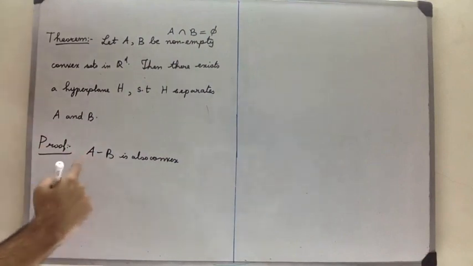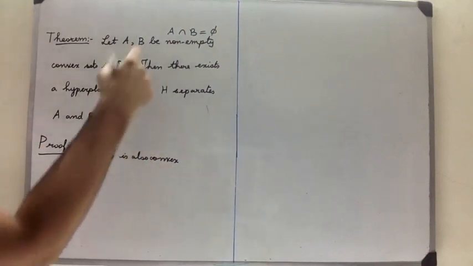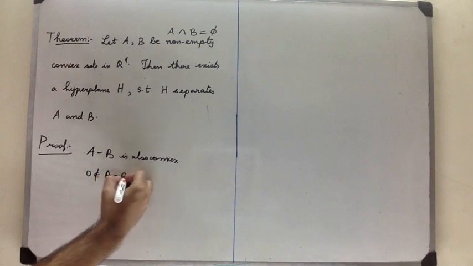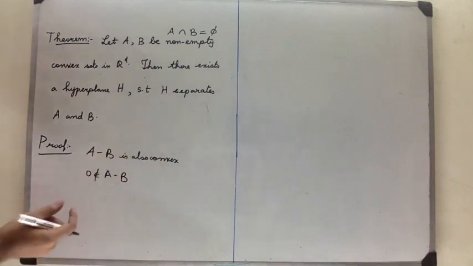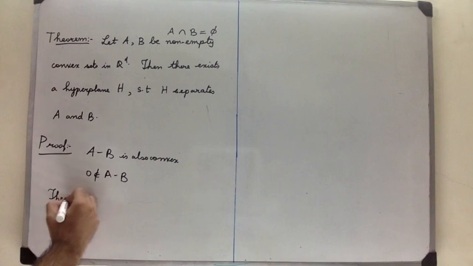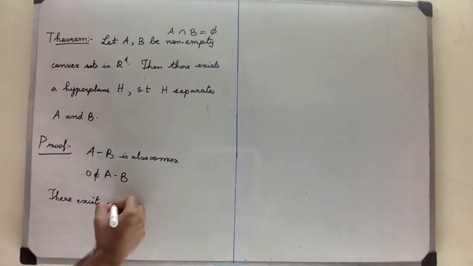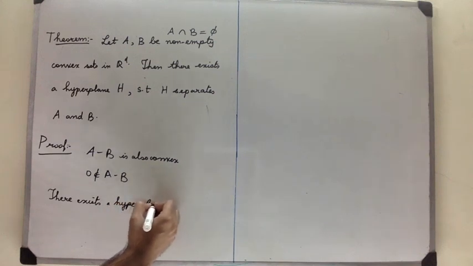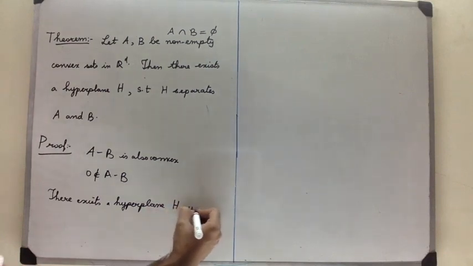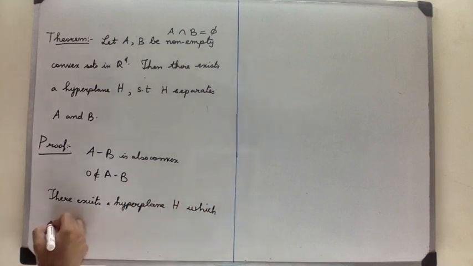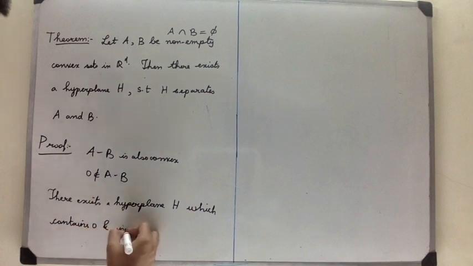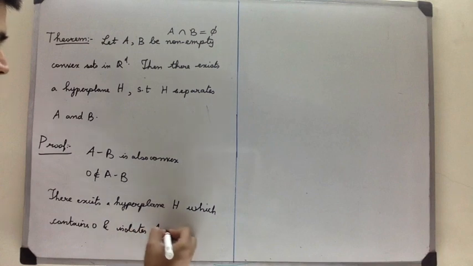So A minus B is also convex, and since A intersection B is null, 0 is not an element of A minus B. Then by our specialized isolation theorem that is proved for Euclidean space, there exists a hyperplane H which contains 0 and isolates A minus B.